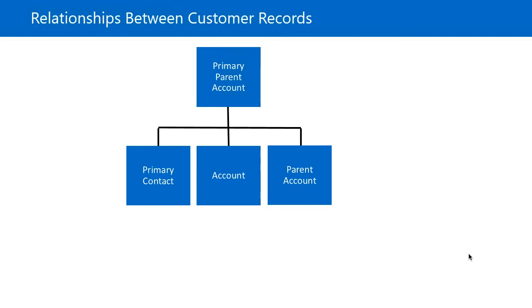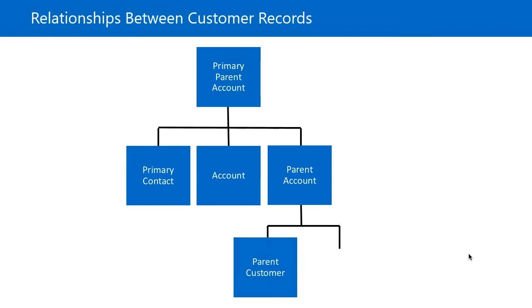Below that, we have accounts and contacts. For example, below the Windows Server division, we might have development, support, marketing, and so on. Additionally, the Windows Server division might have people that work directly for that part of the business. They could be entered as contacts and linked directly to the Windows Server division account.